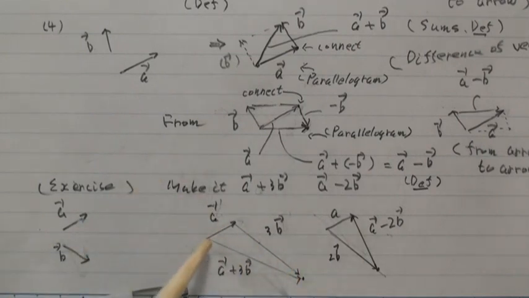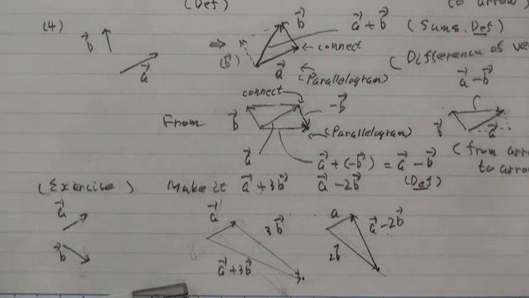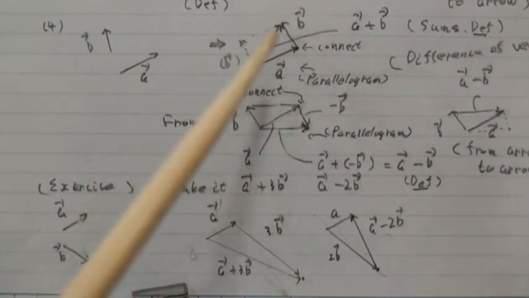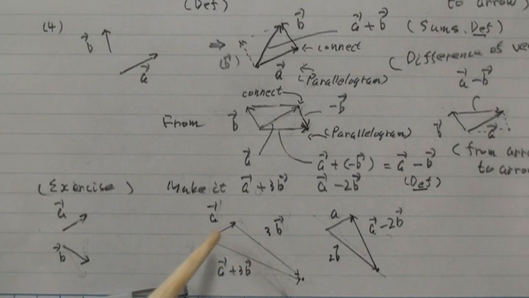Then plus equals connect, this is a plus 3b vector. And connect, this is plus. Okay?